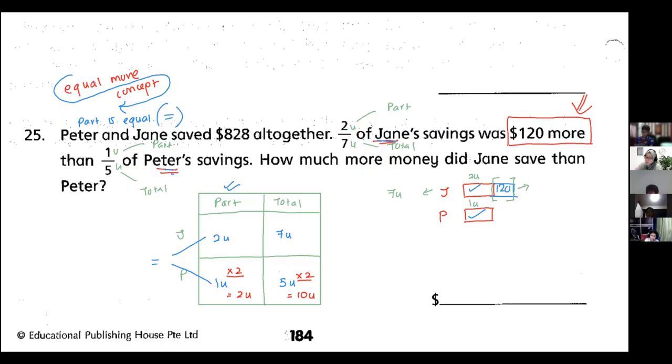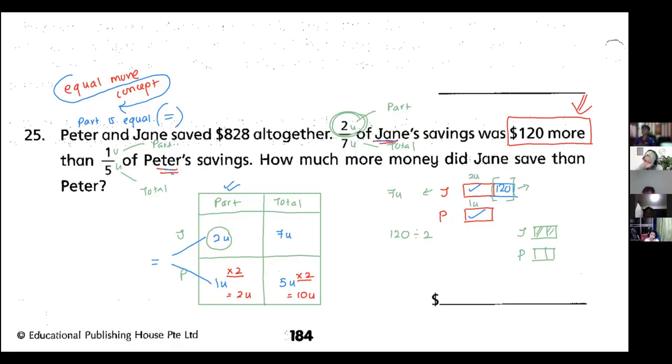All right. So what do we do here to find what is 1 unit? How do I find what is Jane's 1 unit? We actually take 120 divided by 2. Where does the 2 come from? Can you see? Because I'm talking about 2 units of Jane's money, if I want to draw it back, it looks like this: 2 units and 2 units.